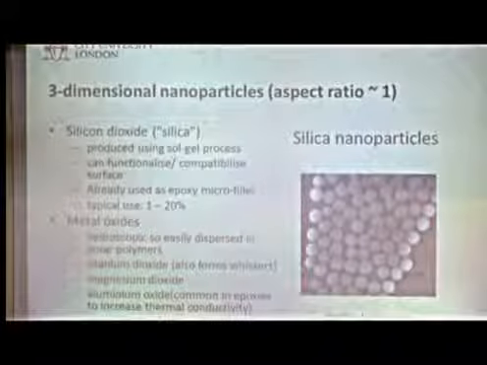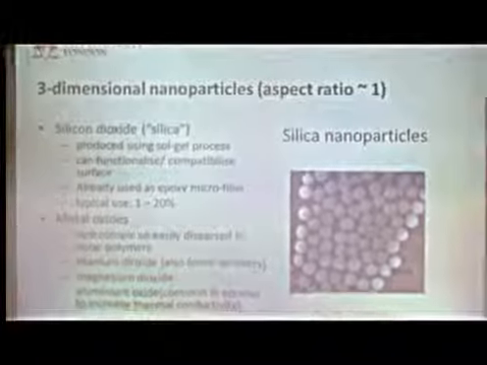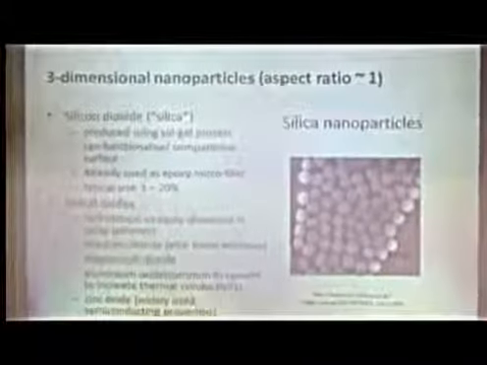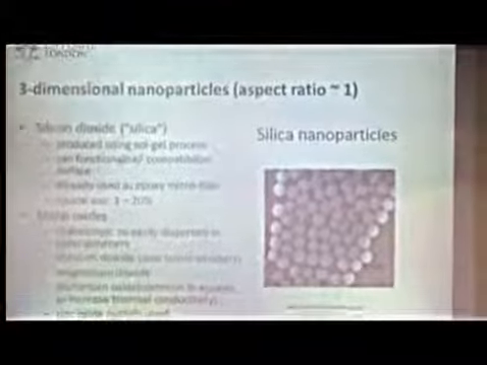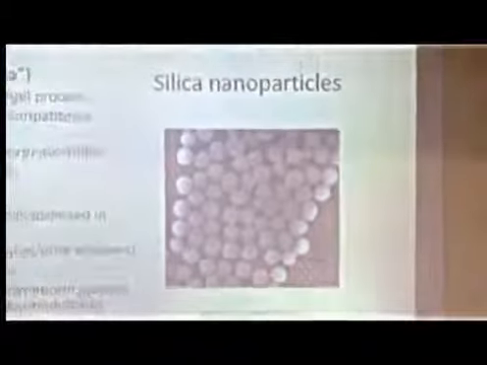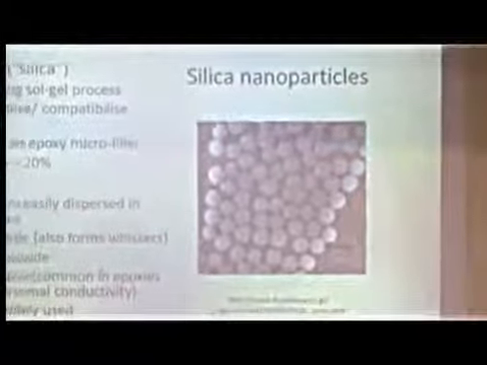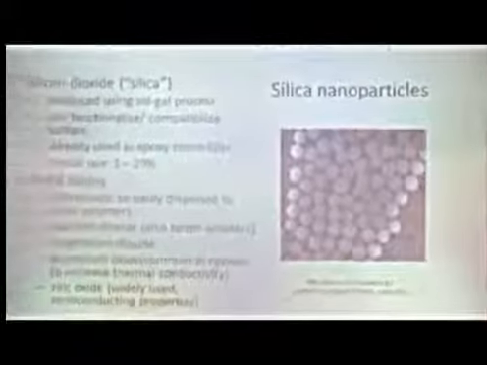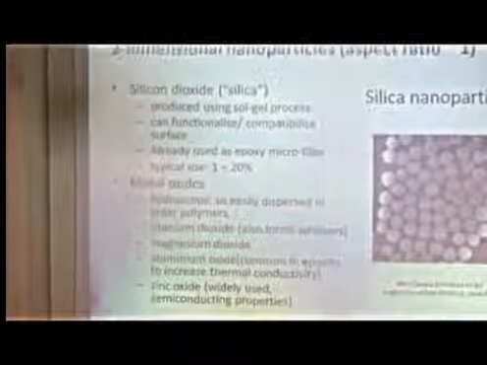So, three-dimensional nanoparticles typically having an aspect ratio somewhere around 1, perhaps 1 or 2. These are silica ones here, and silica ones were probably the first ones that we really played with. Partly because silica is already used as a filler in many epoxy systems, although not necessarily, of course, at nanoparticle sizes.